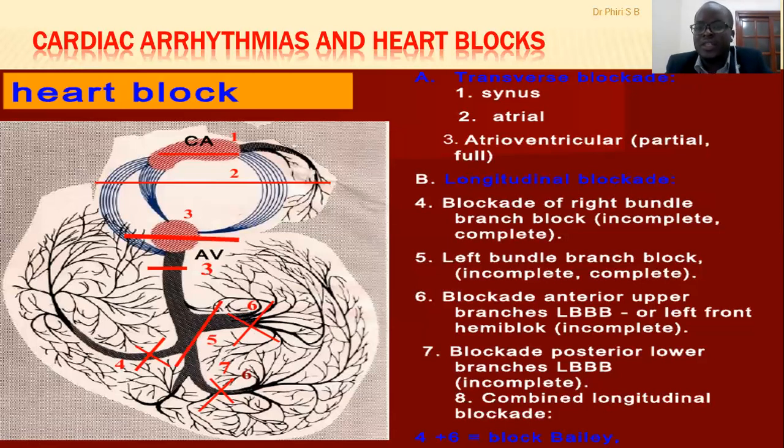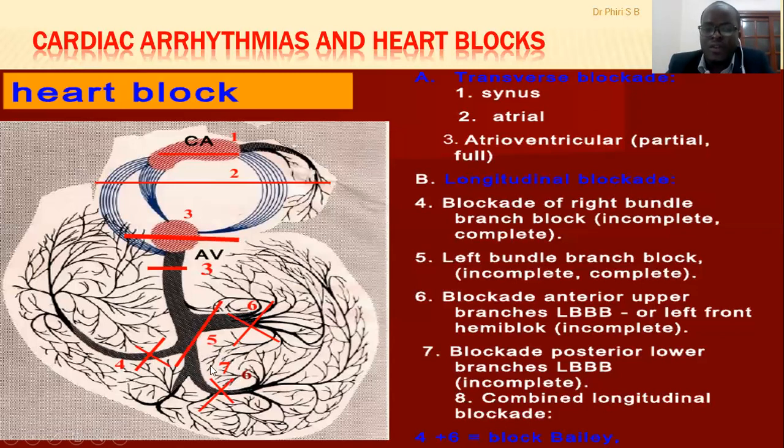So these are different types of heart blocks. But sometimes you can have a combination of two, whereby you have the right bundle branch block that is accompanied by maybe the anterior or the posterior or both.